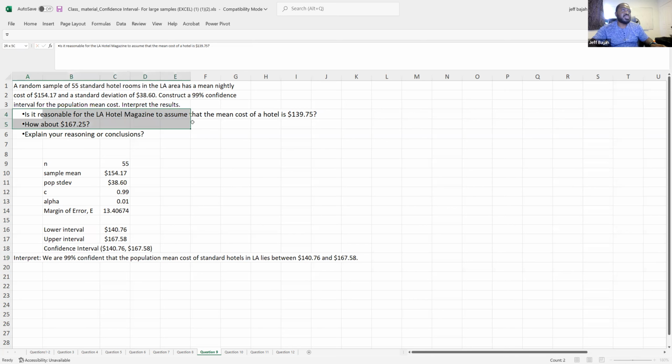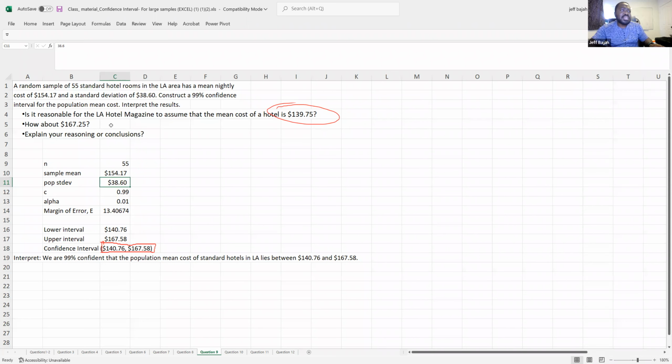Now we have two questions to worry about. The first one says, is it reasonable for the LA Hotel magazine to assume that the mean cost of a hotel is $139.75? Now, what we need to notice here is that $139.75 is outside the confidence interval at 99% confidence.